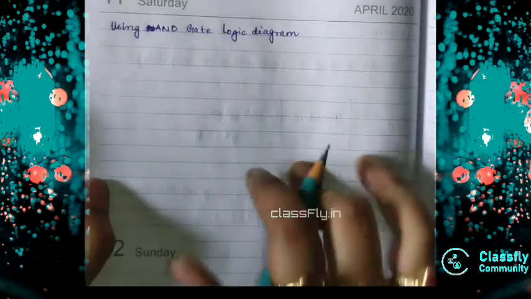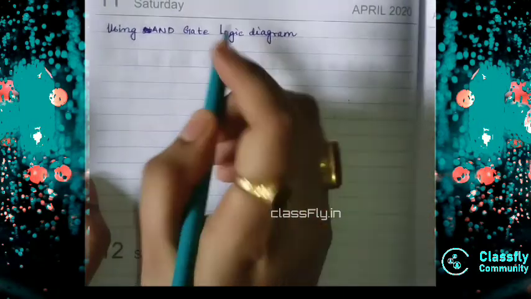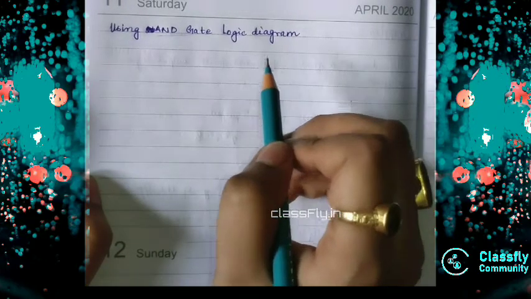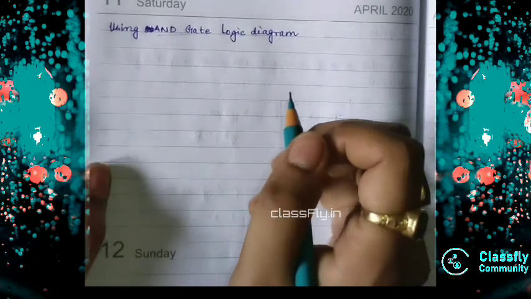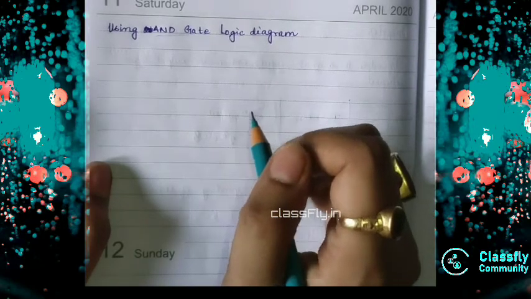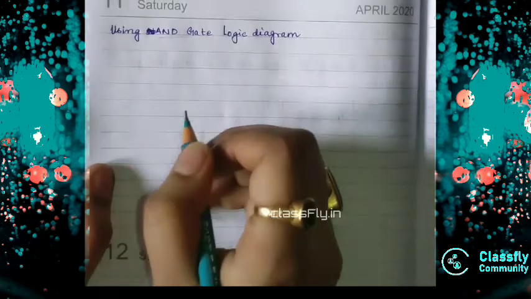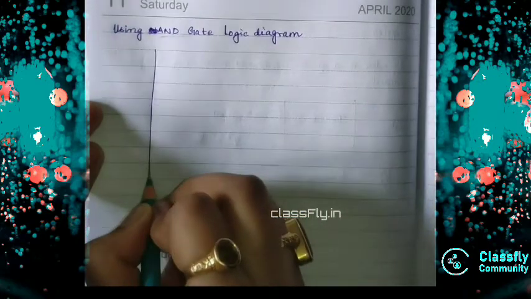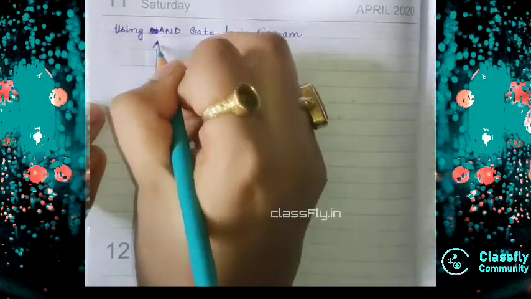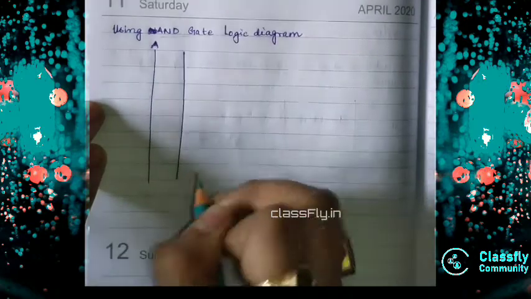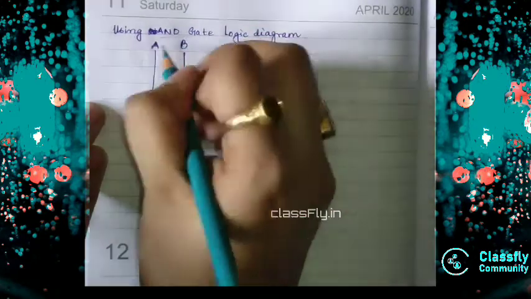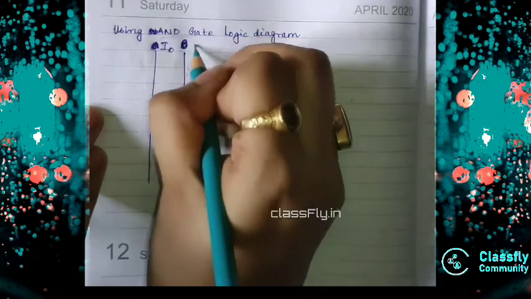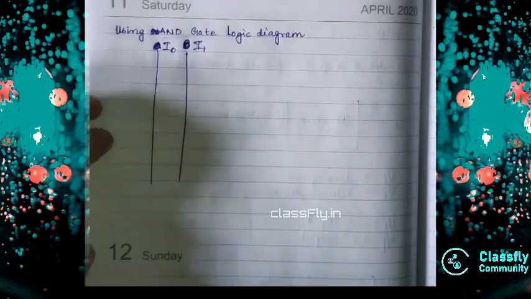Now we will do the output using AND gate logic diagram. How will we do it? We will do it like this. First, we will make 2 straight lines, one A and another B. Oh no, we have represented them as I0, so we will represent them as I0 and I1.